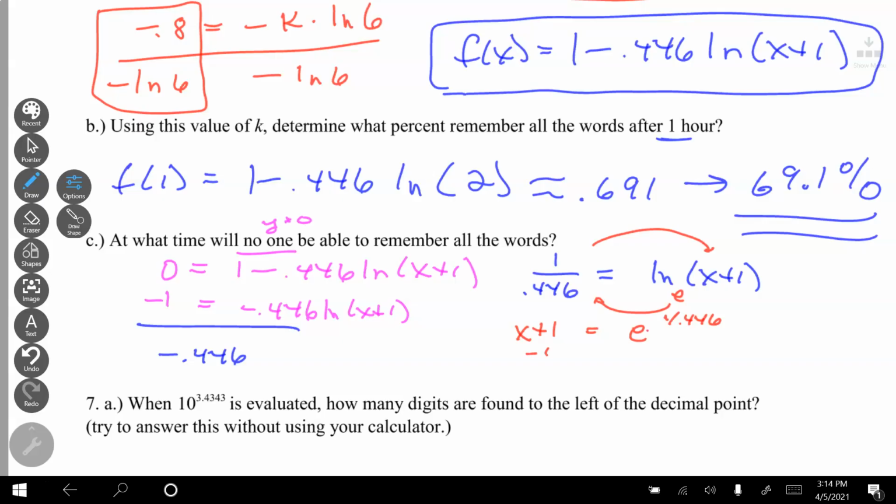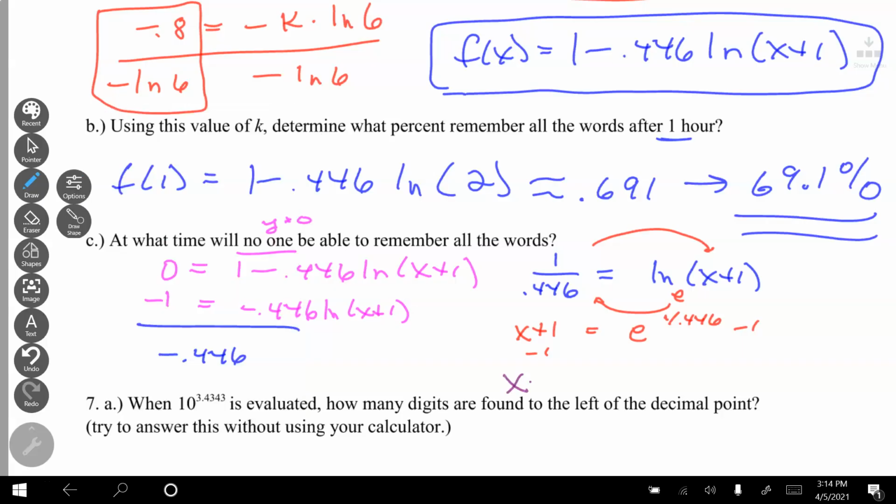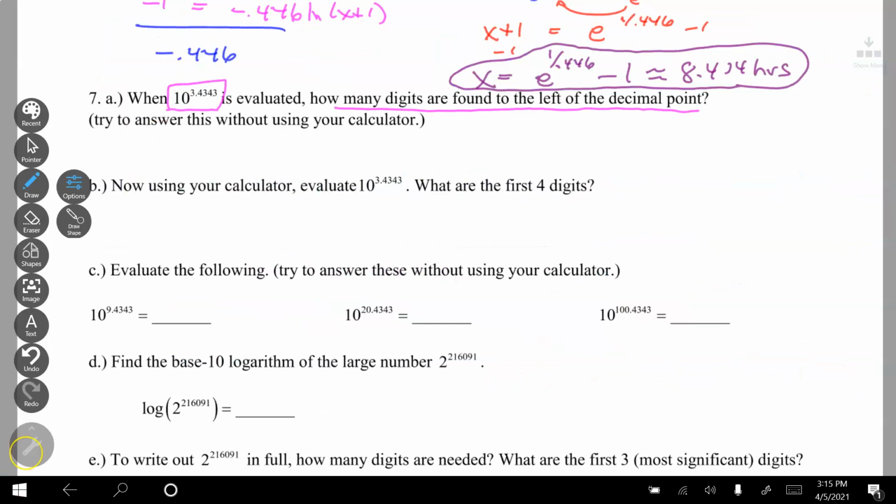I'm going to subtract 1. So at the end I have x equals e to the 1 over 0.446, minus 1. I have no idea what that is. That's what the calculator is for. I put that in the calculator. I get 8.414 hours later.